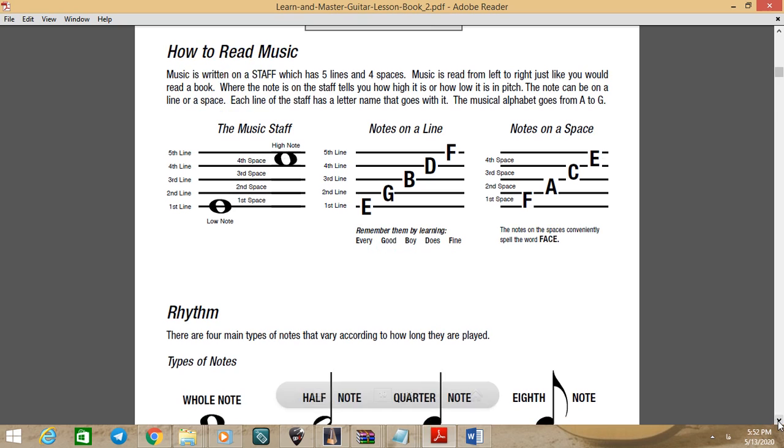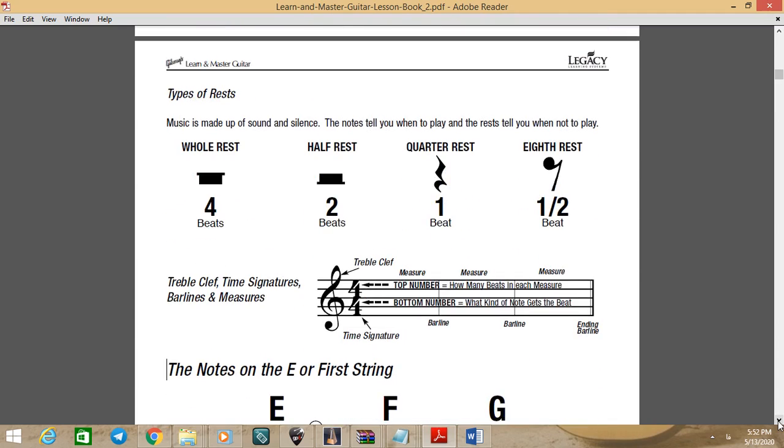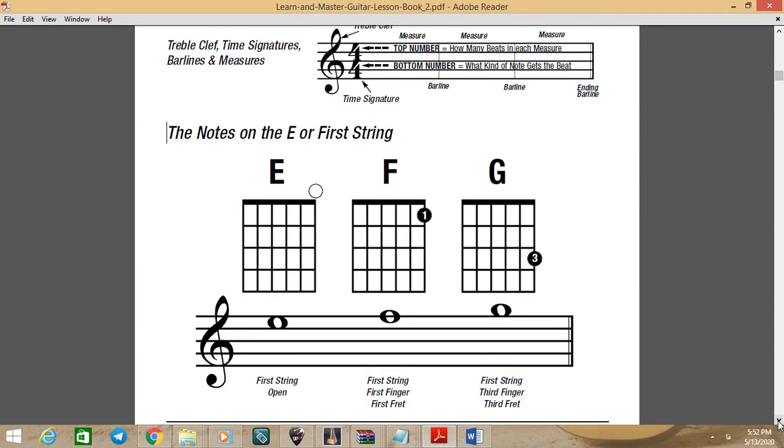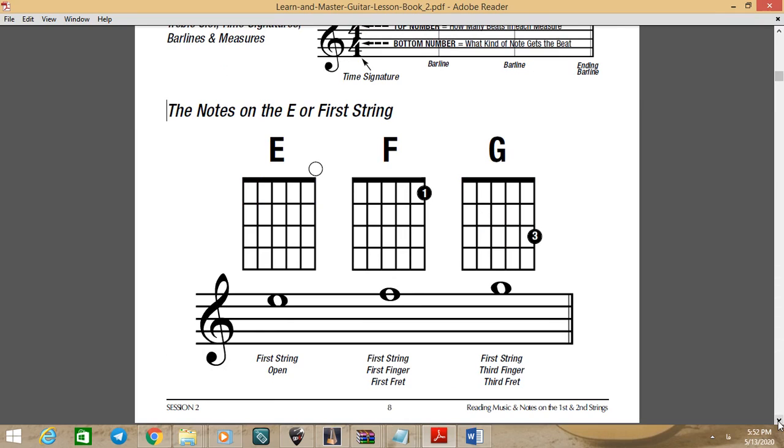Now we find the name of the notes from their location.